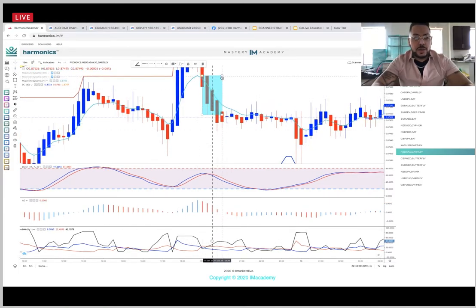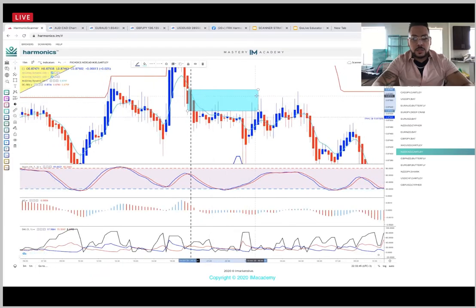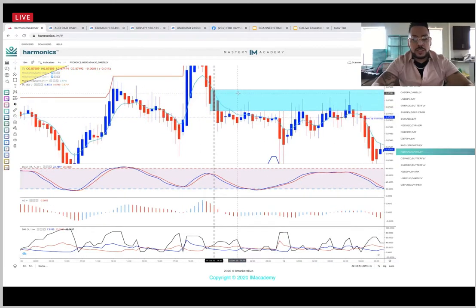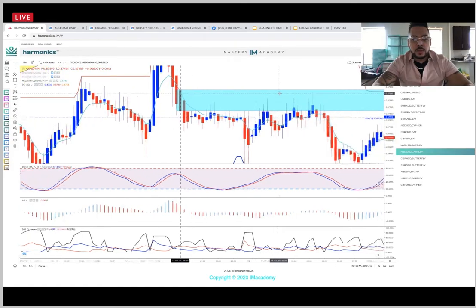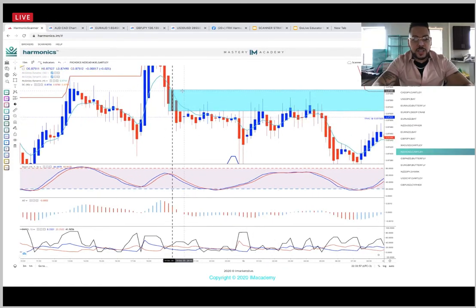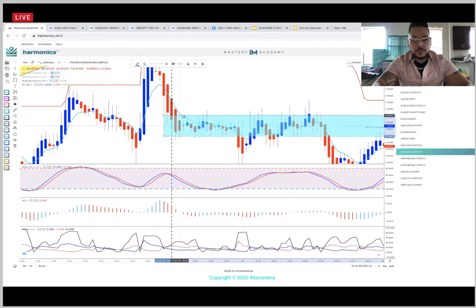Now what we do is we take that entry candle right over there, just like this. You see this? And then we drag that entry candle out to the right. Oh, I'm so sorry. That was the confirmation candle. Here goes the entry candle. Boom.